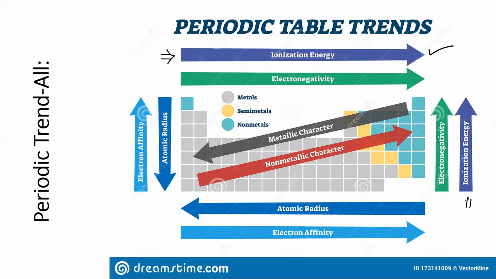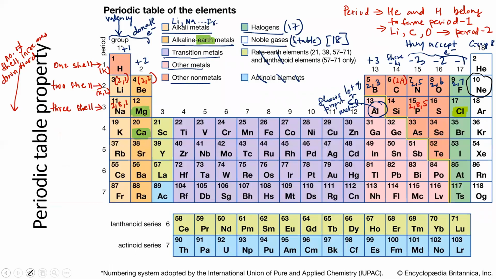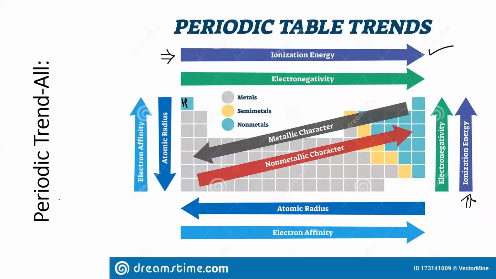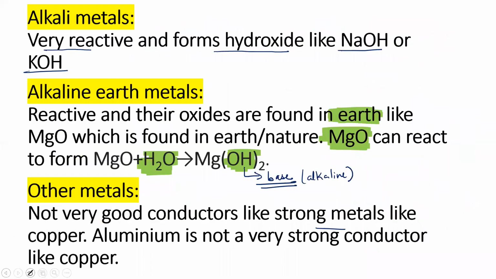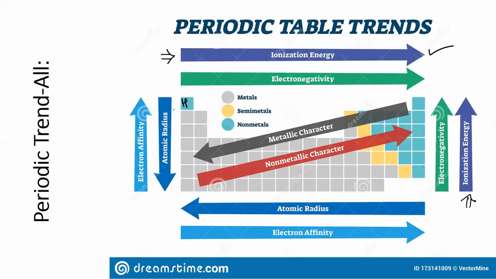You can also see that it goes up. That's because when you have hydrogen, and let's take another one, say potassium. Potassium is in period 4. We have to be careful while we place them.